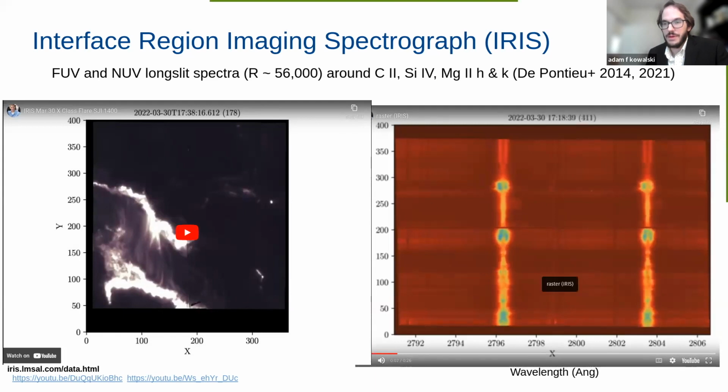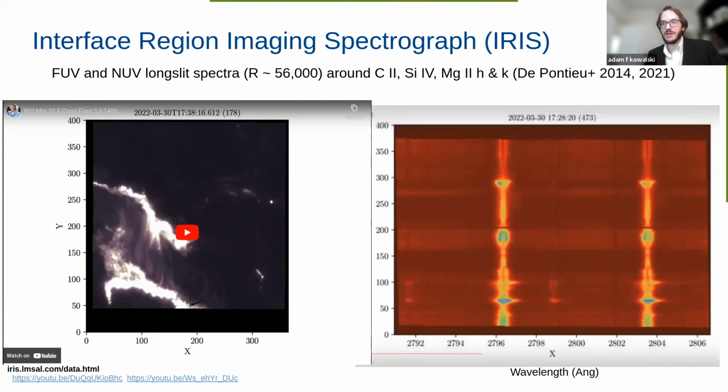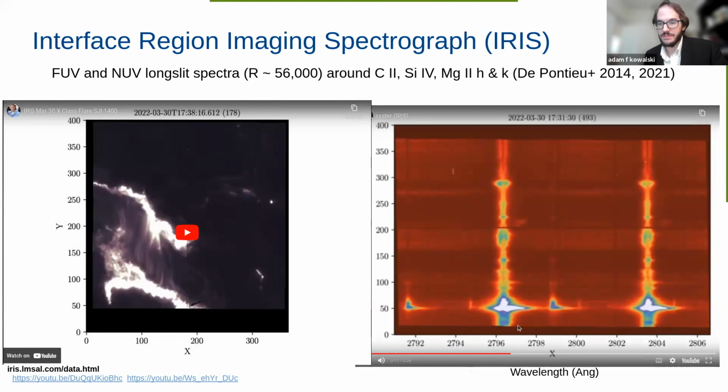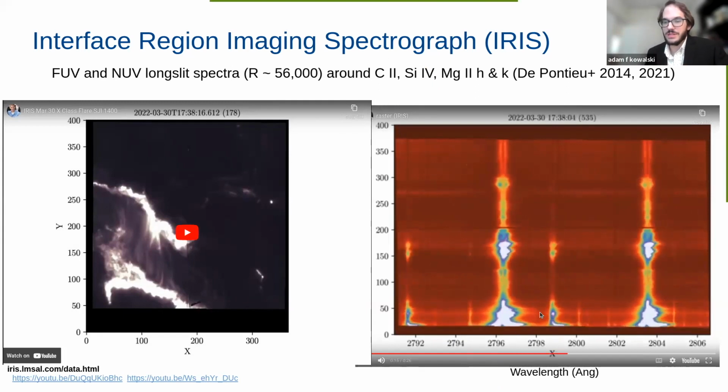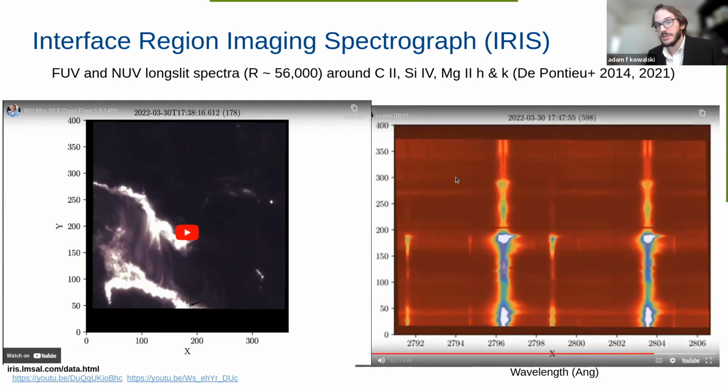All right, I'll let it play one more time. And you can also notice the apparent motion downward, just like in the movie on the left. So we have all this incredible detail. We have these very broad and bright and redshifted emission lines. This is what we want to understand with flare models.